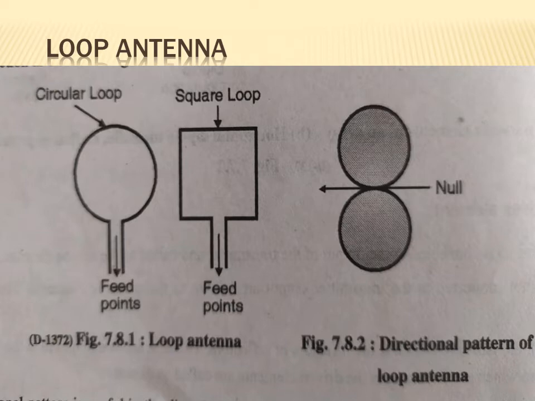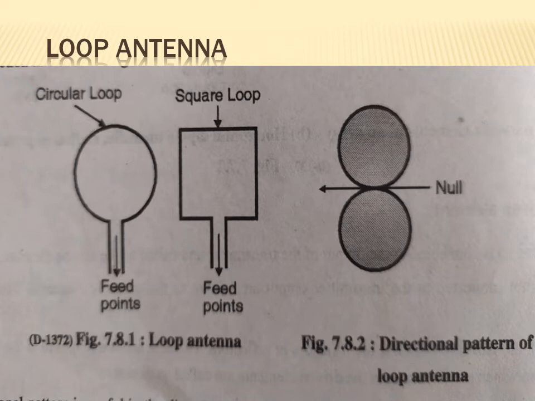The radiation pattern of the loop antenna is like a donut. This type of antenna is used in direction finding applications.